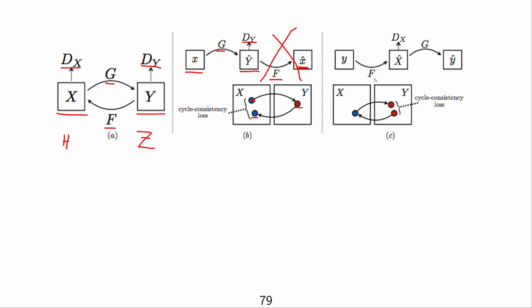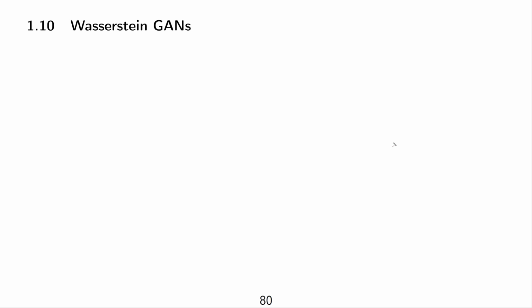But then we also need to train zebras being translated to horses and then back to zebras. That's the same thing, just now we go the other direction. And then all of this is trained at the same time.